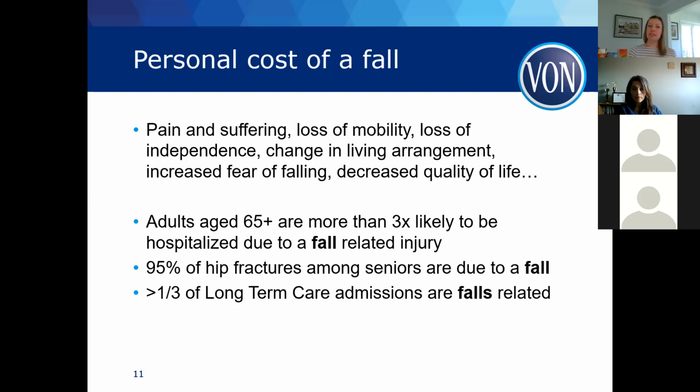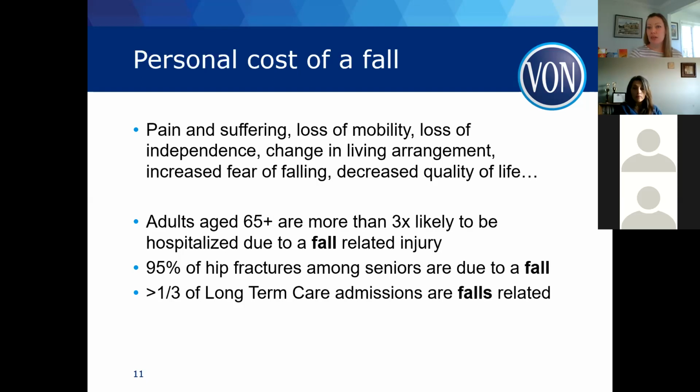So some of the big things that the participants have mentioned in the past are things like pain and suffering, loss of mobility, even if it's just temporary, or it could be permanent, loss of independence because of that, a change in living arrangement, increased fear of falling, which can be quite debilitating depending on how advanced it gets and how much it impacts someone's life, and decreased quality of life if all of these factors are going into it as well.